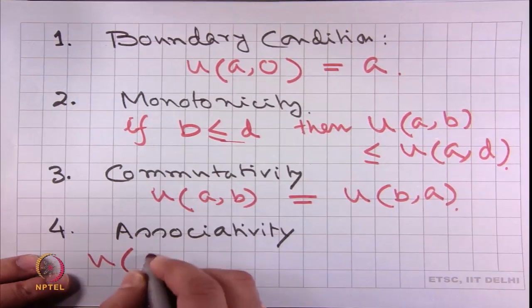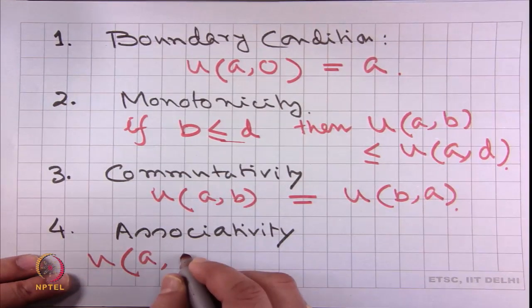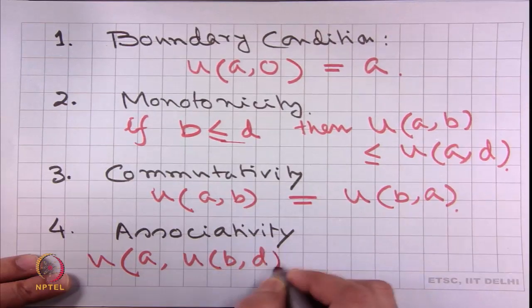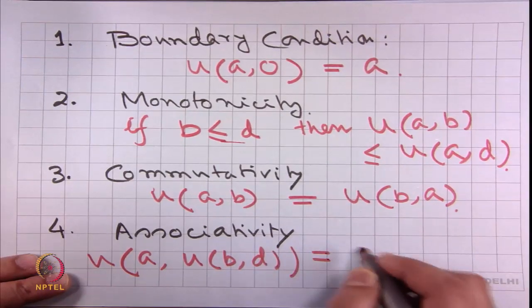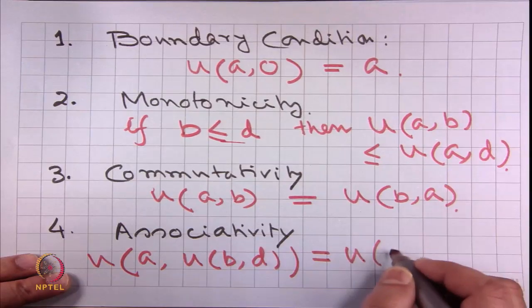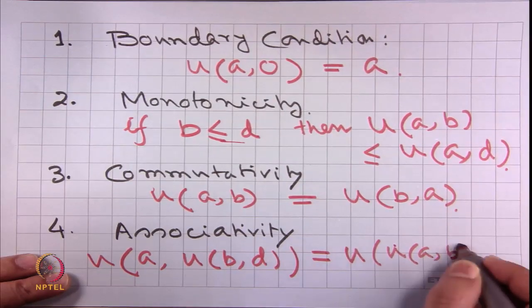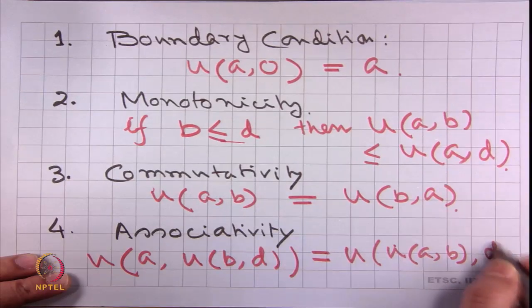Union of A comma union of B comma D is equal to union of A comma B comma D.